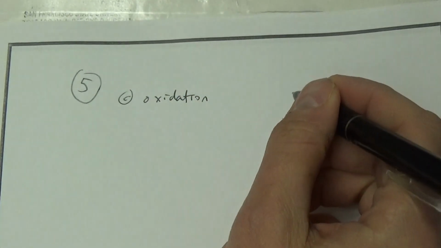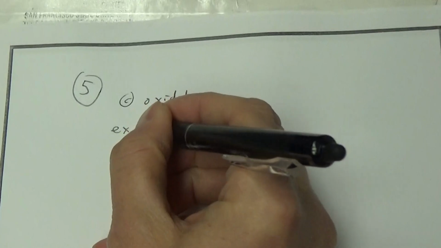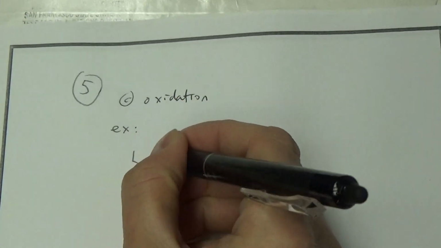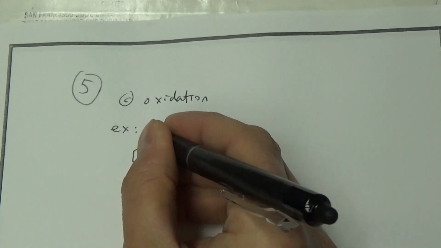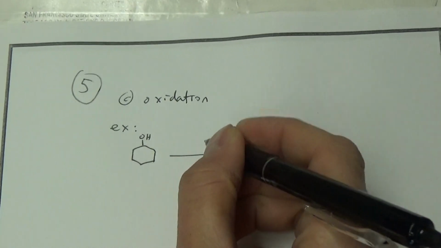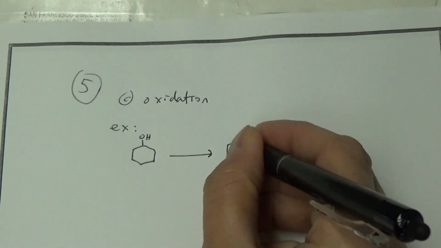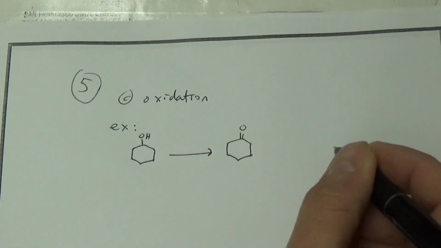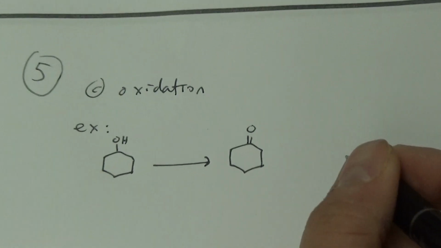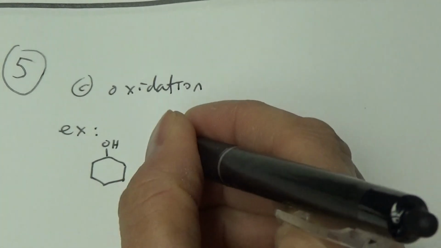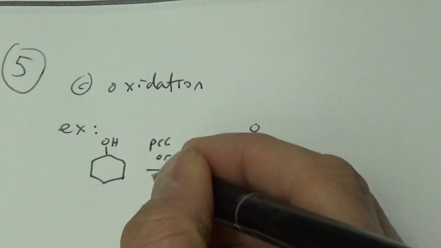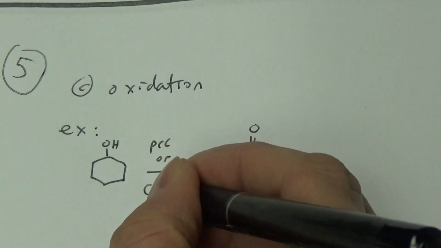Alright, so a couple examples of these reagents. If we have a secondary alcohol and we want to oxidize it to a ketone, which reagent should we use, or does it even matter? You can use either PCC or CrO3 and acid.